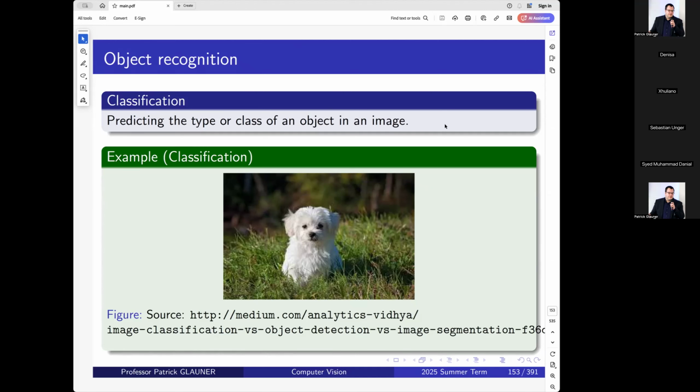This is the simplest task when it comes to object recognition, because you just take the whole image and classify it. This works very well also if you try building your own convolutional neural networks. It is typically a straightforward task nowadays, provided you have enough labeled training data and you build a somewhat sophisticated deep neural network.